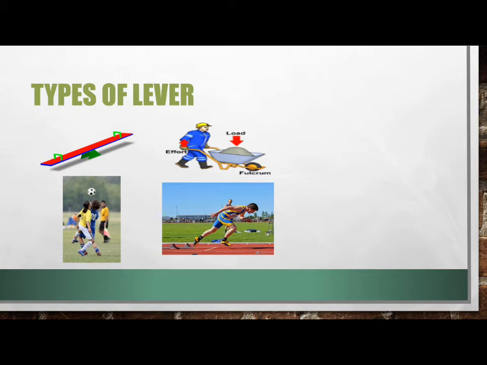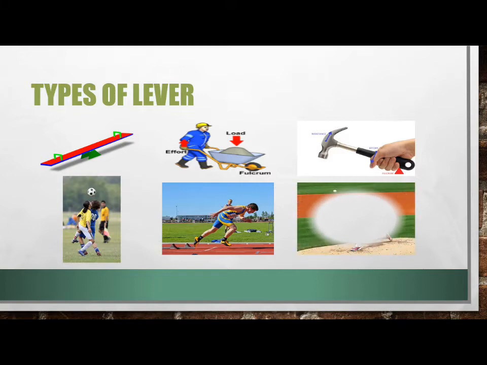Now the third class lever, in which the effort lies in the middle, in between the fulcrum and the load. Force applied to the lever is input force, and force applied by the lever is output force, which is also known as the load. This is a sporting example, throwing the ball.